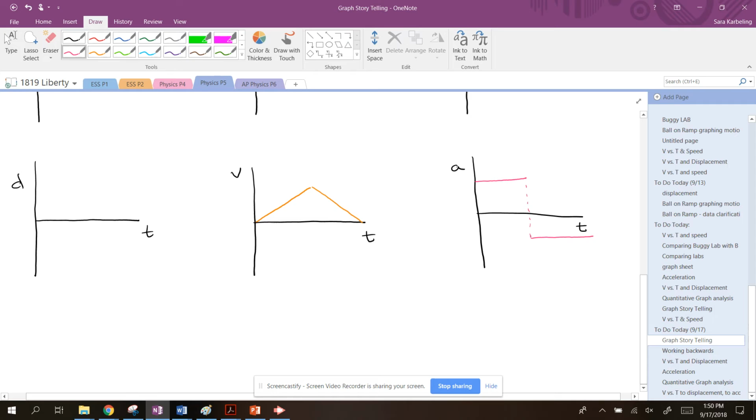Going over to the D versus T, this is the funny one, right? So the values here are increasing and positive. So my slope needs to be increasing and positive. Whoop, and then I hit this spot. And now they're going to be decreasing, but still positive. We good?